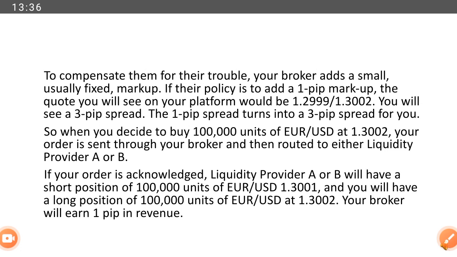So when you decide to buy 100,000 units of euro US dollar at 1.3002, your order is sent through your broker and then routed to either liquidity provider A or B. If your order is acknowledged, liquidity provider A or B will have a short position of 100,000 units of euro US dollars at 1.3001, and you will have a long position of 100,000 units of euro US dollars at 1.3002.